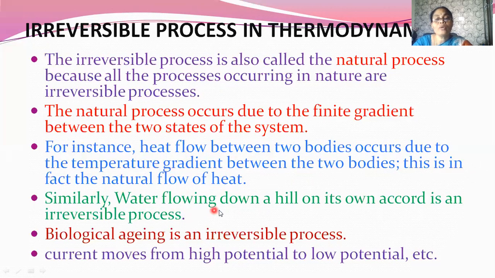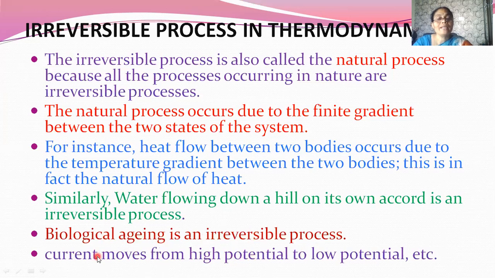Similarly, water flowing down a hill on its own accord is an example of irreversible process. Another best example is biological aging, which is an irreversible process. In the previous slides, we have seen that the height of a person cannot be altered. So similarly, the age of the person cannot be reversed, which is an example of irreversible process.